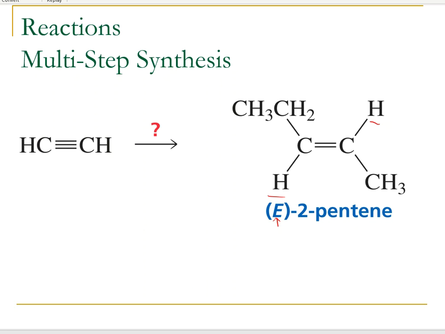So let's think about chain elongation first. Here's a carbon in a triple bond, and there's the carbon in the triple bond. So over here on the right-hand side, it looks like there's my double bond. So this better had been the carbon in the triple, and that had better been the carbon in the triple. I know how to take a triple to a double. That's just adding H2 onto it.